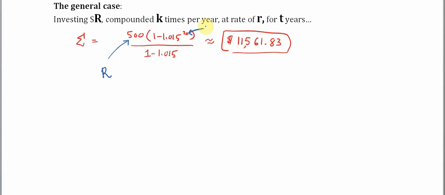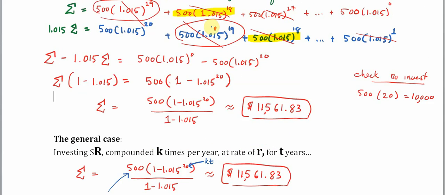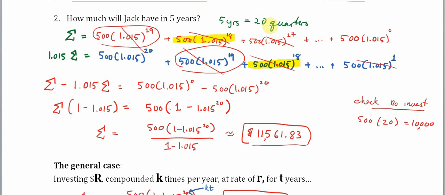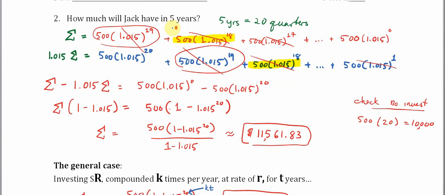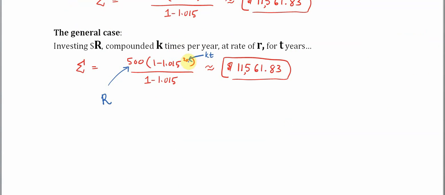This 20 here is really K times T. If we look back at the previous problem, we got 20 because Jack was investing for 5 years quarterly. It's really 5 times 4: 4 times per year for 5 years.